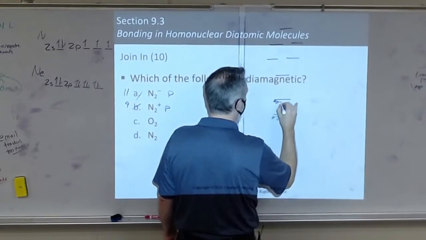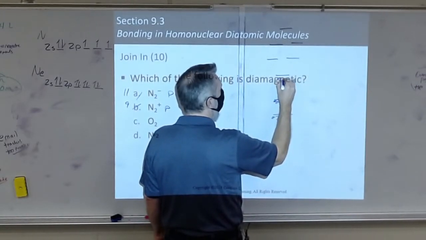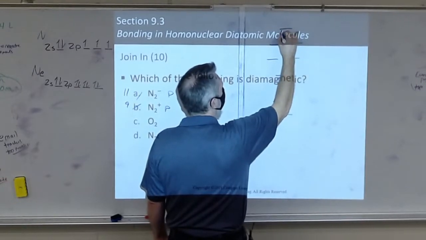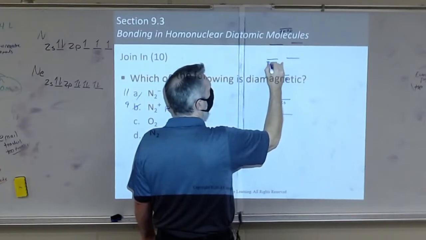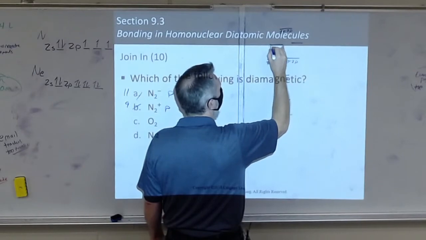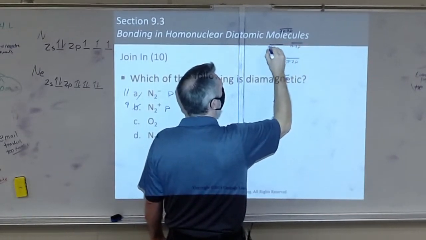This is anti-sigma 2s. Y'all okay? This is sigma 2p. And this is anti-sigma 2p. This is pi 2p and pi 2p. And this is anti, right?